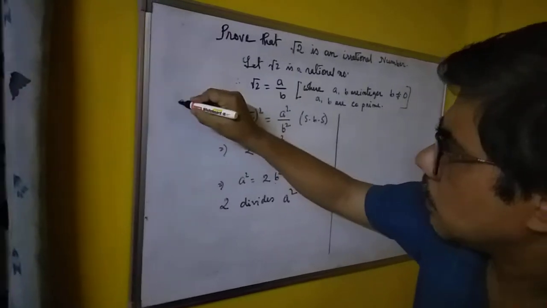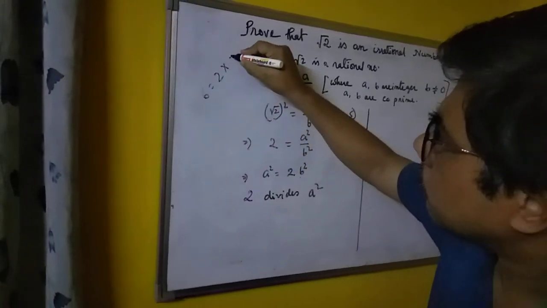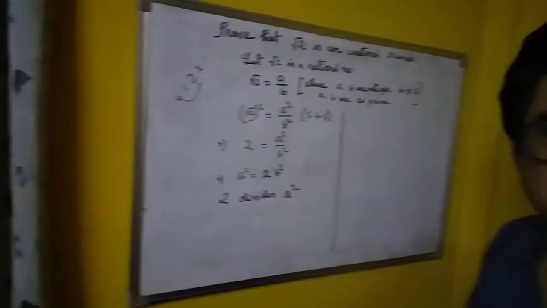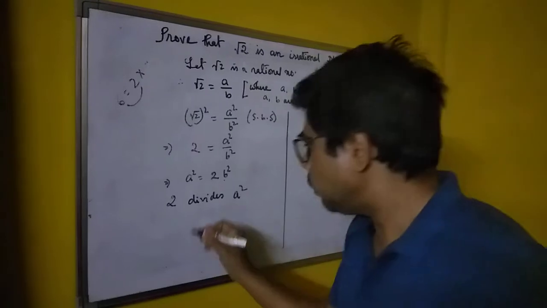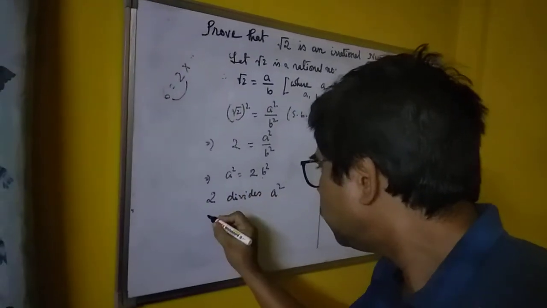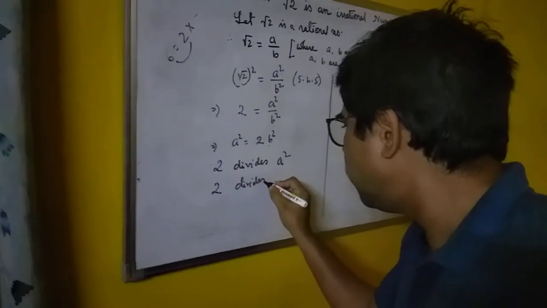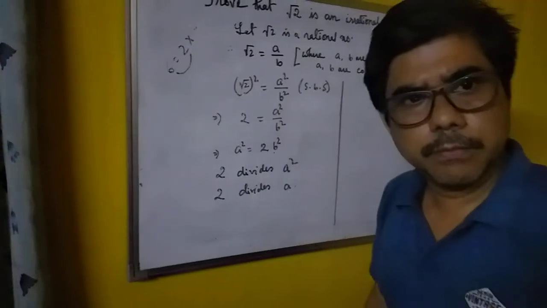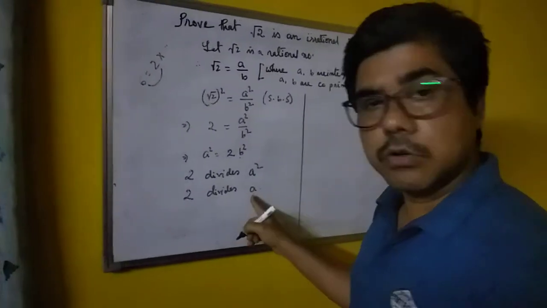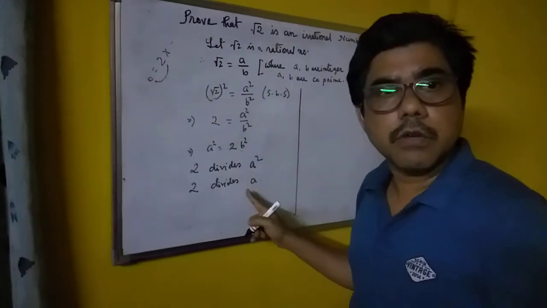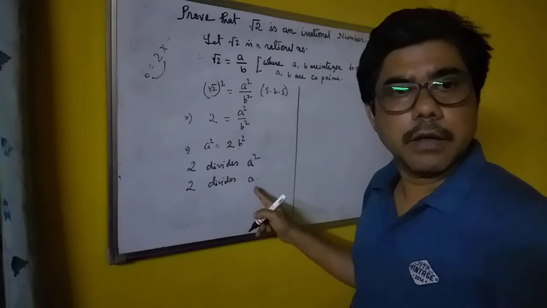Suppose 6 equals 2 into something, that means 2 divides 6. So if 2 divides a squared, then 2 divides a also. 2 divides a means 2 is a factor of a.